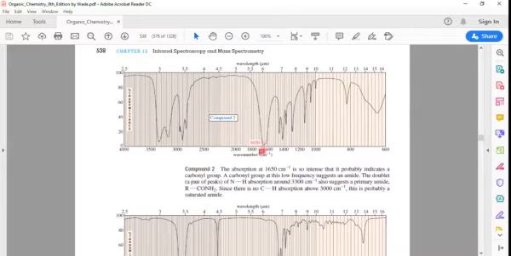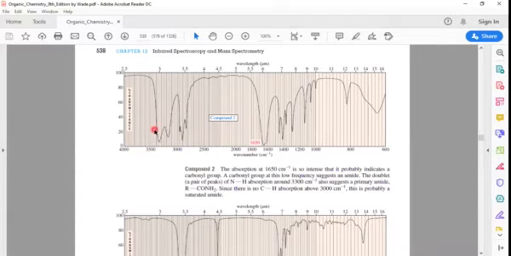So look at this value. If you remember, this value probably shows that this carbonyl is an amide carbonyl. To confirm this, we will have to look on this side.